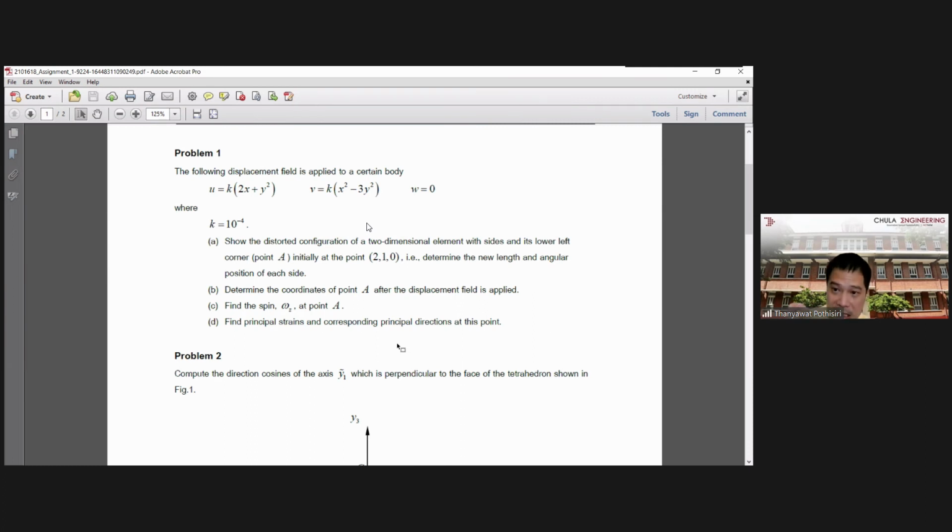That would give you the eigen pairs, the eigenvalues and the eigenvectors. The eigenvalues would give you the principal strains, and the eigenvectors would give you the principal directions of the strain components.